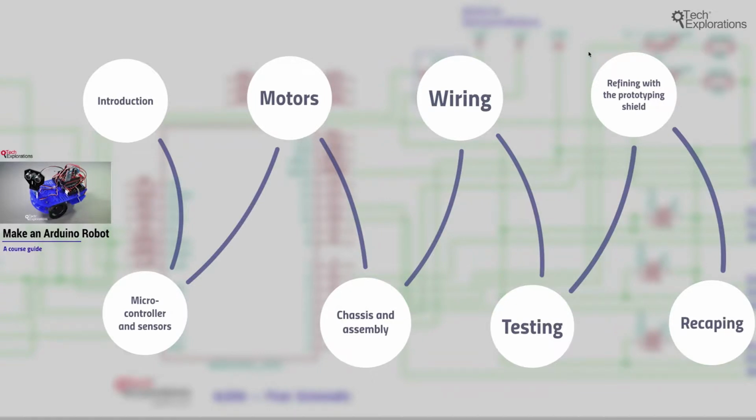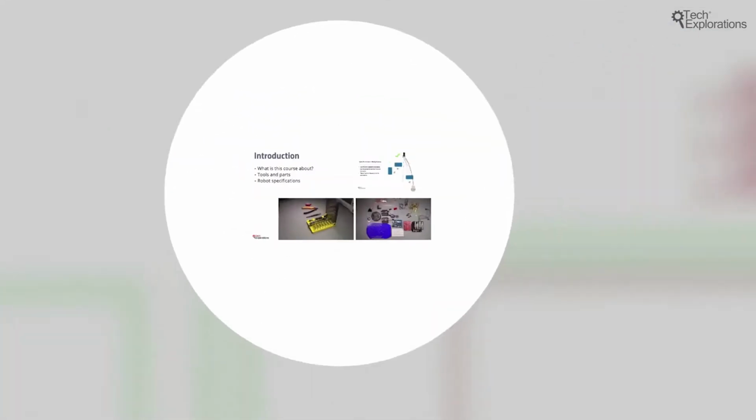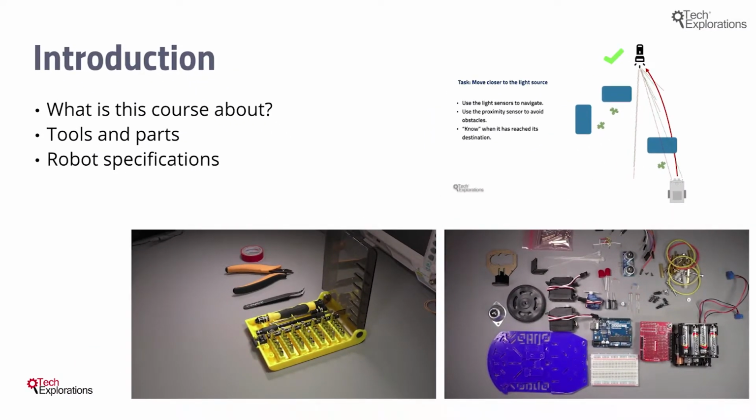In the first section, you will go through the introduction. There are several lectures in this section. In the introductory section, you will learn about the details of this course. What is this course about? And you'll also have the opportunity to look at the two lectures that walk you through the various tools and parts that are required in order to successfully complete this project.